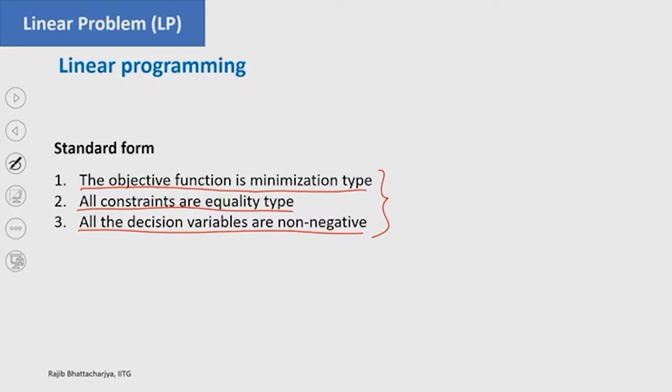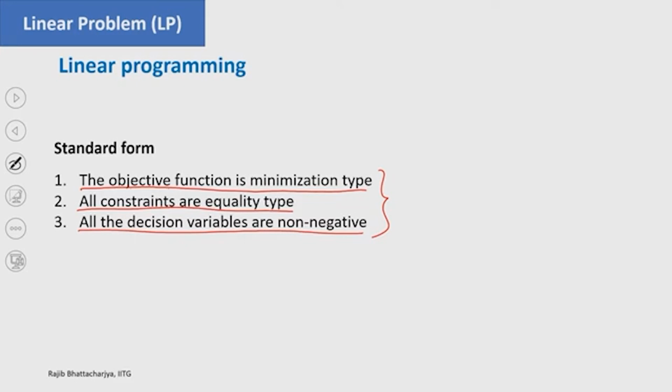Now, the question is that you may have an objective function that is a maximization type function. Then what do you have to do? In order to convert to the standard form, you have to convert the maximization problem to a minimization problem. Similarly, if your constraints are not equality type constraints, you have to convert them to equality type.